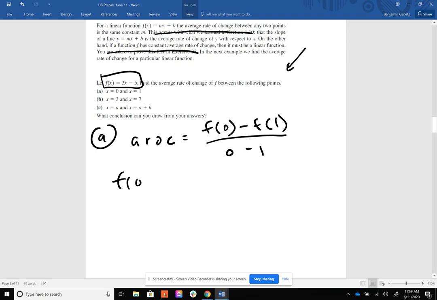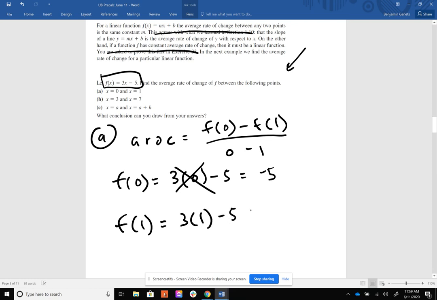So f of 0 is 3 times 0 minus 5. So this goes away because it's 0, so I get negative 5. F of 1 is 3 times 1 minus 5. So if I evaluate that, 3 minus 5, I get negative 2.